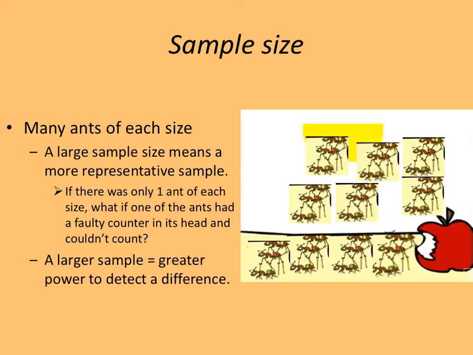So in the ants, there were 3 groups: a placebo or a control group, and then 2 treatments. With vitamin C, 2 groups: control, and then a person who gets vitamin C. With the ants, they know what treatment they got.